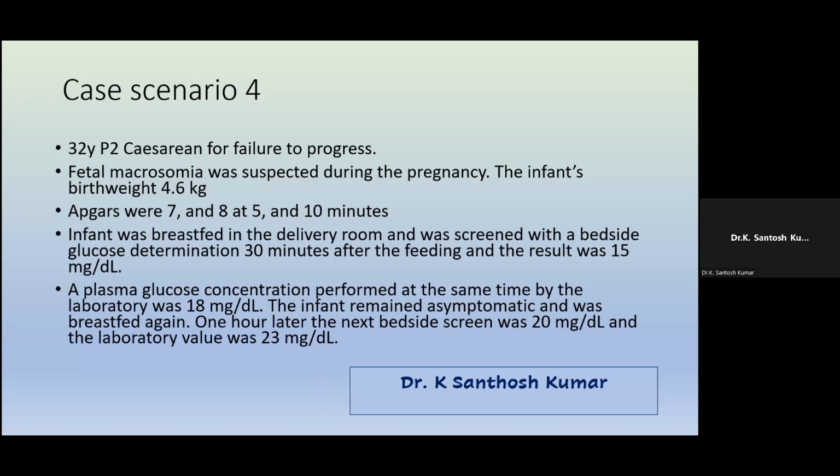So for a baby with a blood sugar of 15 milligram per deciliter, the baby needs to be started on a dextrose bolus, followed by a glucose infusion, so that he doesn't go in for brain damage.